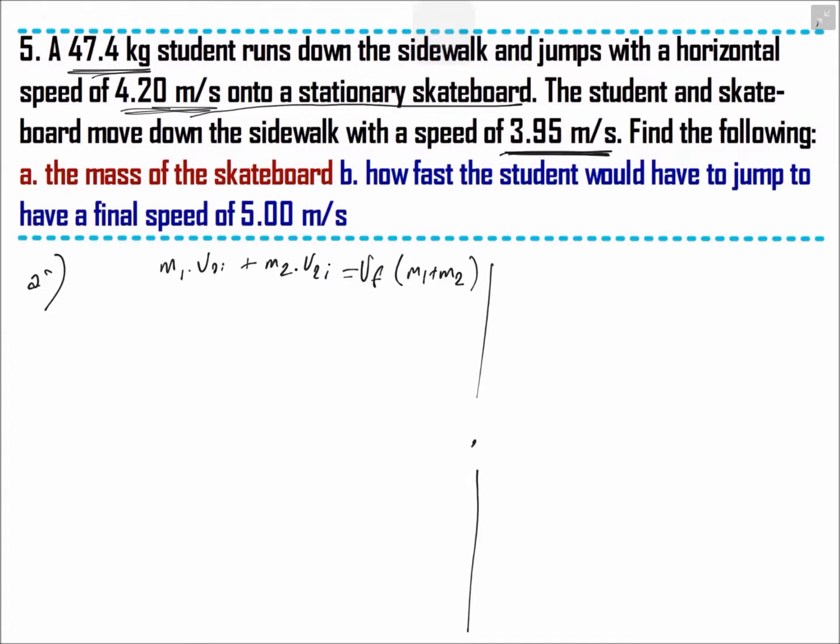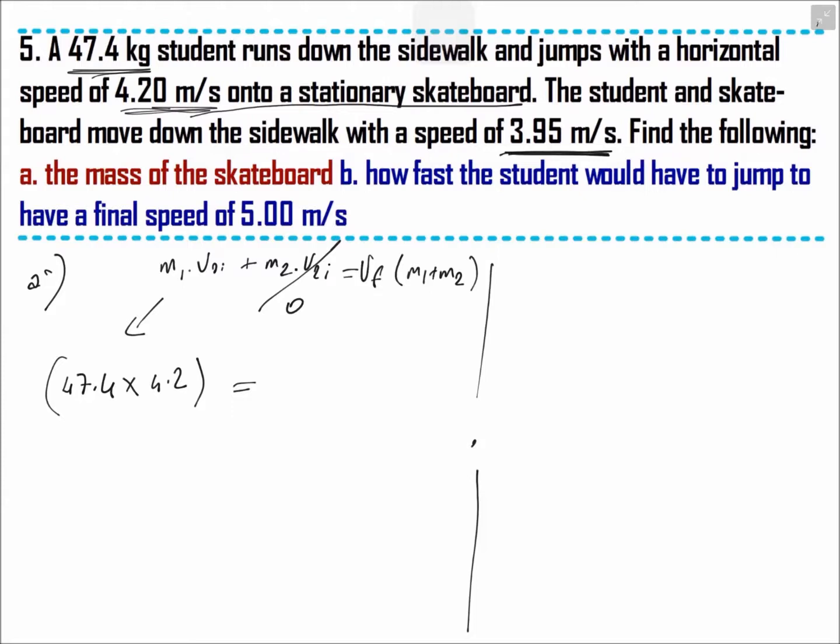So the initial velocity of the skateboard is 0, so this term will be 0. And the mass of the student, 47.4, times the initial velocity of the student, 4.2, will be equal to v final times m1 plus m2.